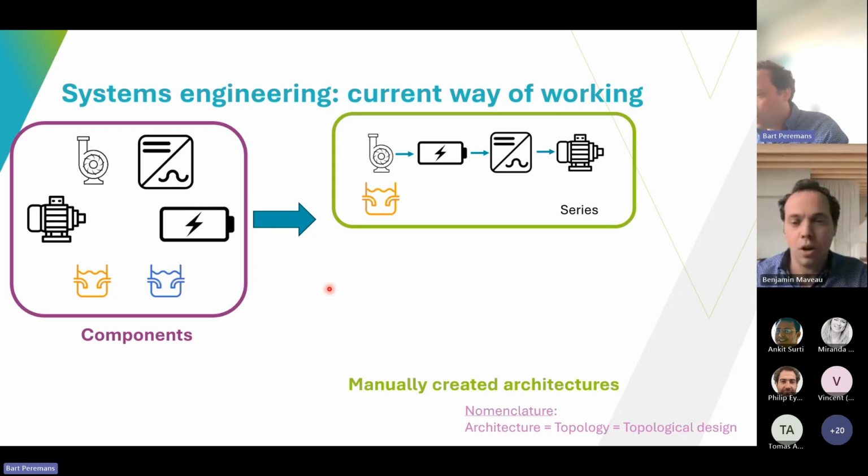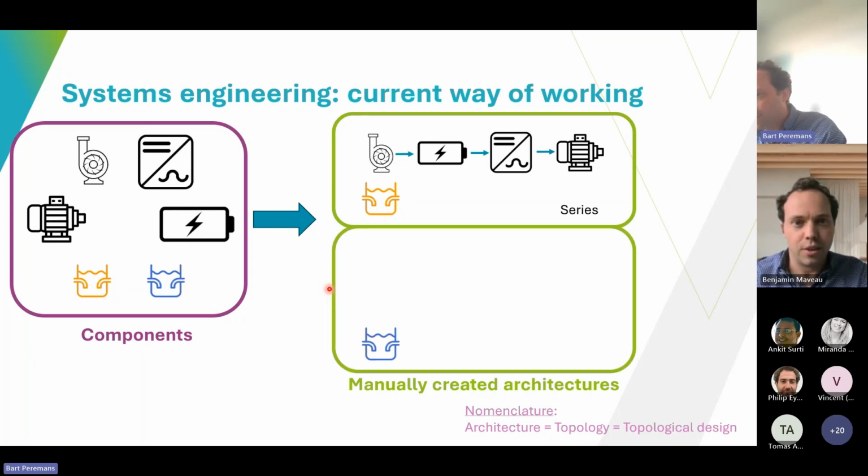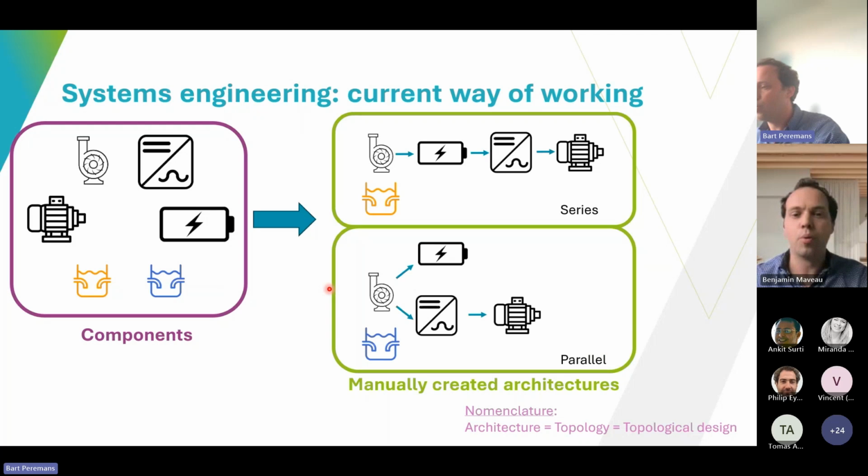in series. As an alternative way, if he, for example, selects another component from his library and notices, from his own experience, that a parallel architecture is better, he can come up with a different architecture, and then we have one in parallel.